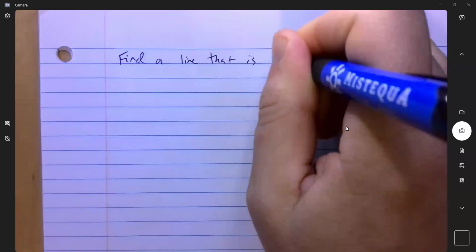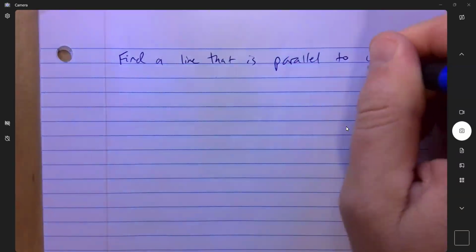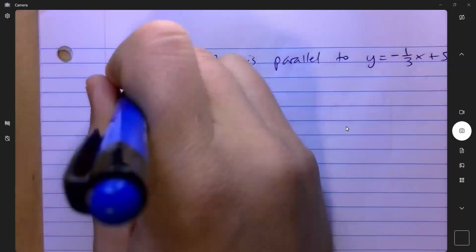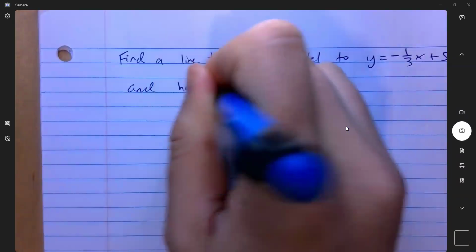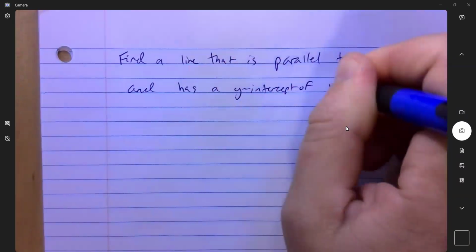With this information, I could ask you to do something like find a line that is parallel to y equals -1/3 x plus 5 and has a y-intercept of 13.